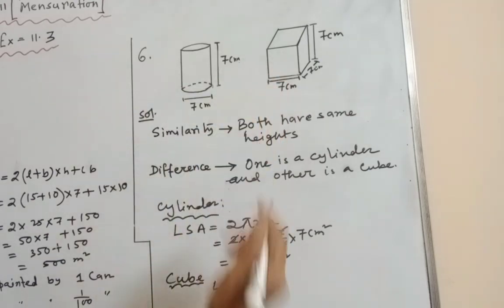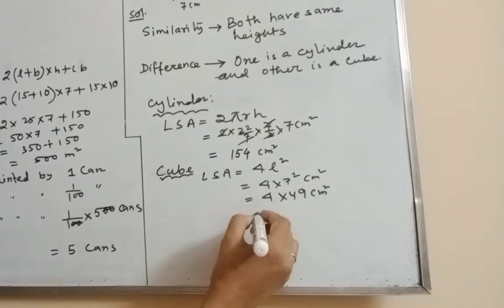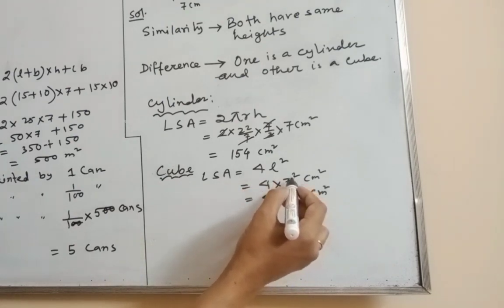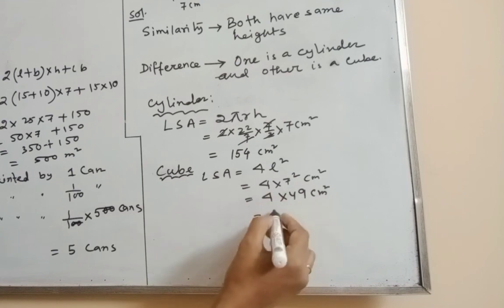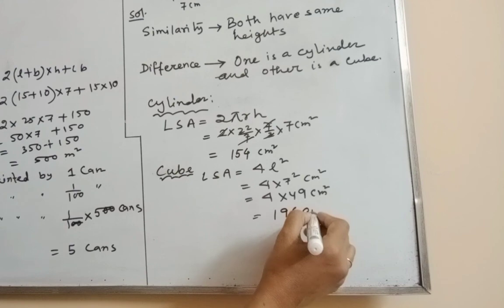Lateral surface area of a cube is 4 into L square, all the sides are equal, that is 4 into 7 square centimeter square, 4 into 49 centimeter square. So it will be 4L square, 4 into 7 square, 7 is the side of the cube, 7 square is 49, so if you multiply it you will get 196 centimeter square.